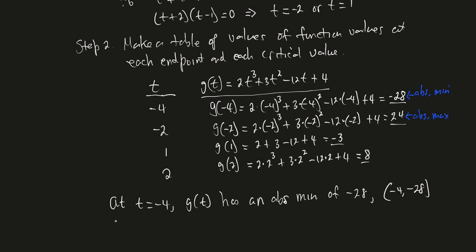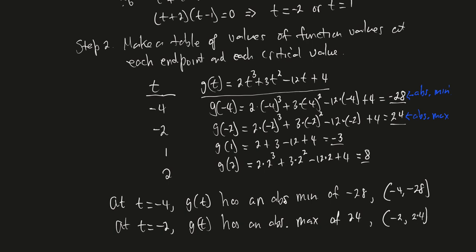Similarly, at t equals negative 2, g of t has an absolute maximum of 24. This is telling you where it occurs, and this is telling you its value. The ordered pair would be negative 2 and 24.